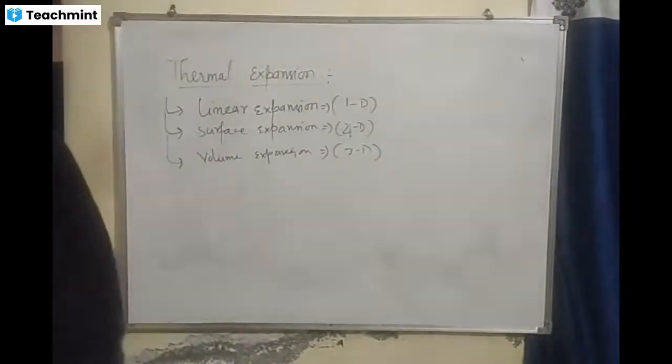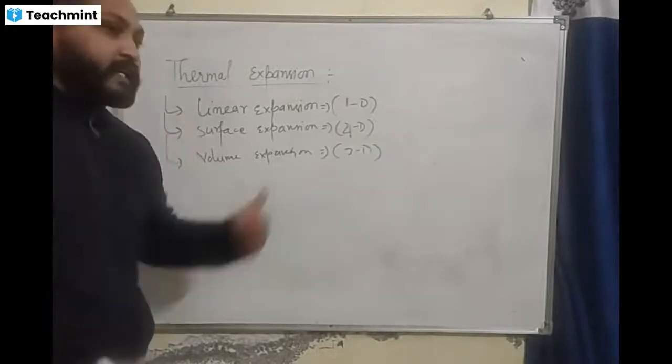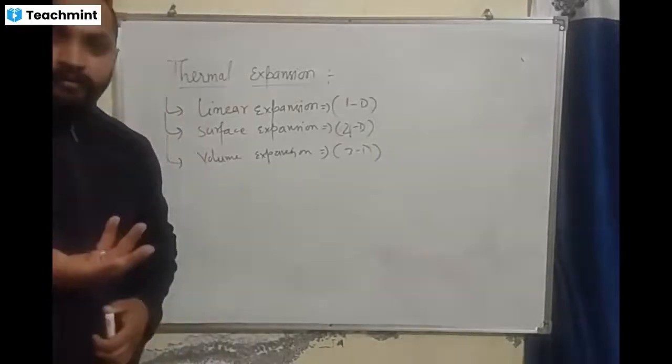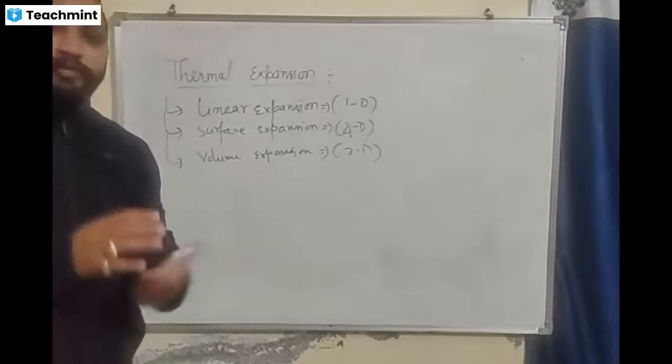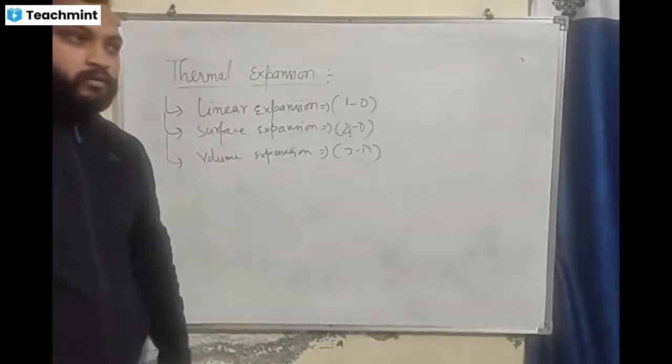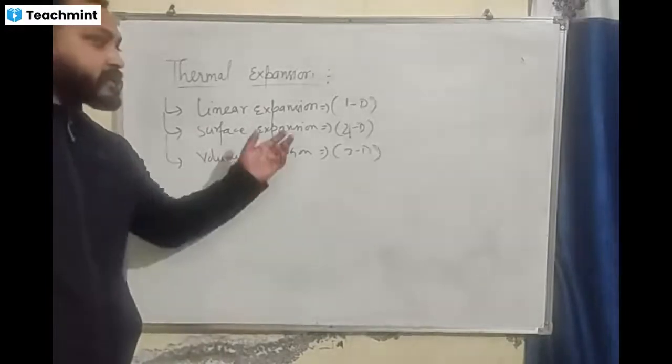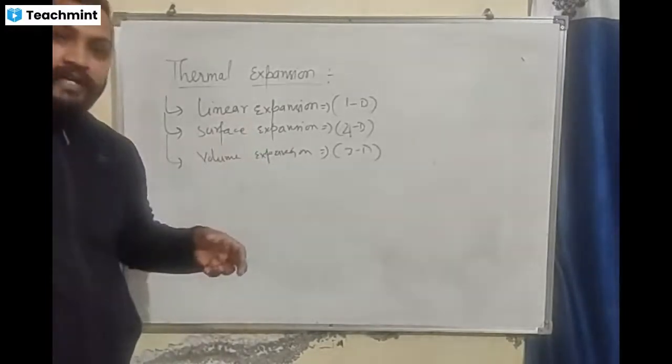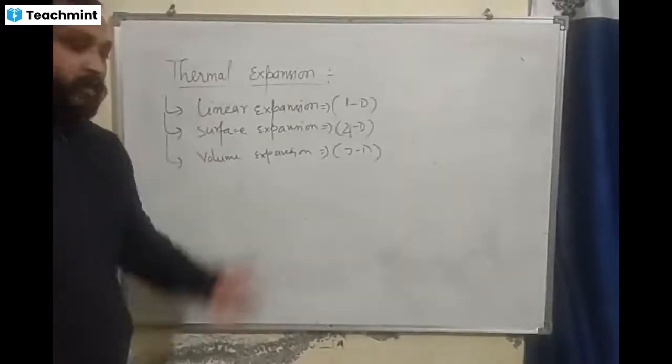So 1D, 2D, 3D means if you increase the temperature of a rod, then the length of the rod will increase. If you increase the surface area of any plane, that is called surface expansion. Now if we increase the volume of any cube, that is known as volume expansion.